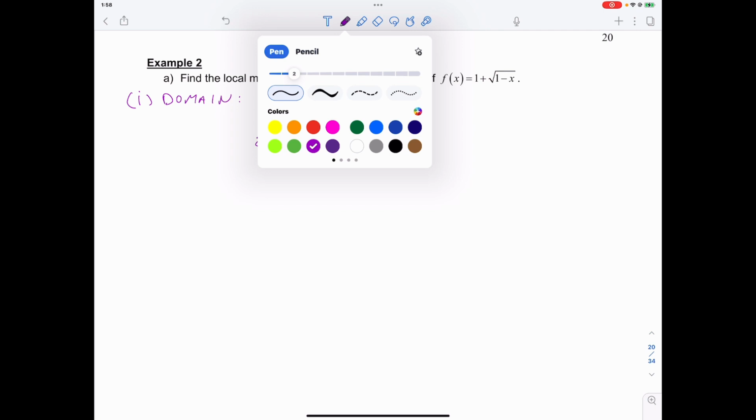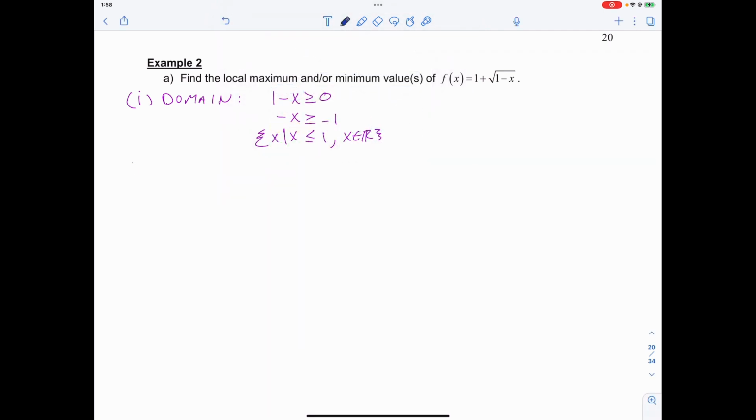For step 2, we're going to derive it. F prime of x. Now, I'm probably going to rewrite this function, f of x is equal to 1 plus bracket 1 minus x to the 1/2.